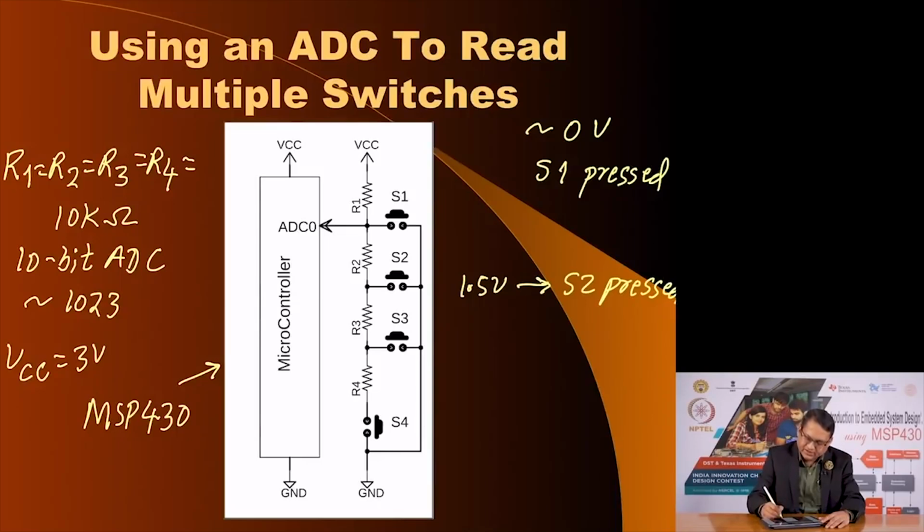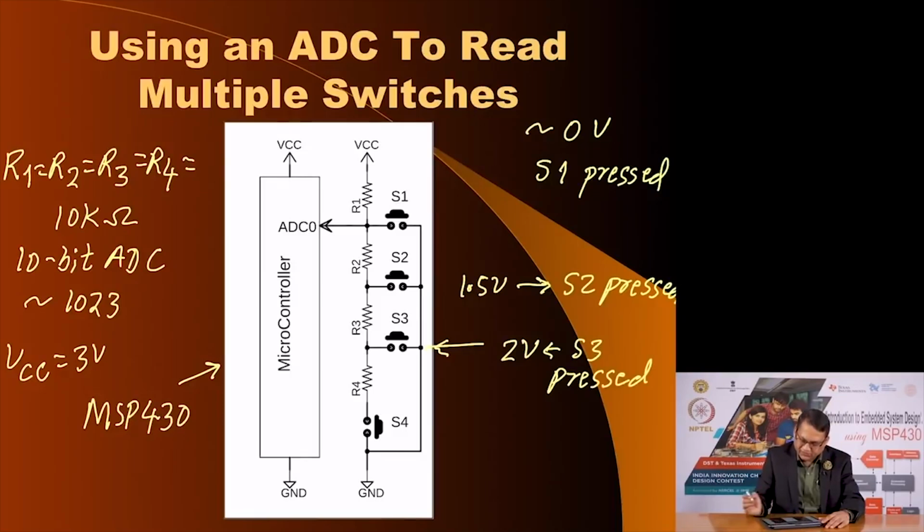If on the other hand S3 is pressed, that means this part of the resistor R3 is grounded, that will give a voltage at the ADC input which is 2 by 3 of VCC. That means you are going to get roughly 2 volts, that means S3 is pressed.